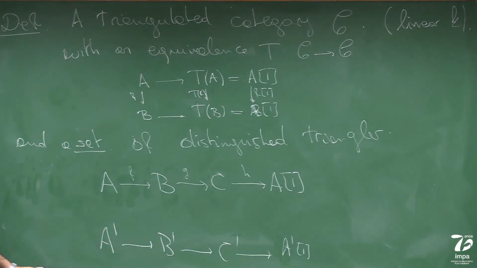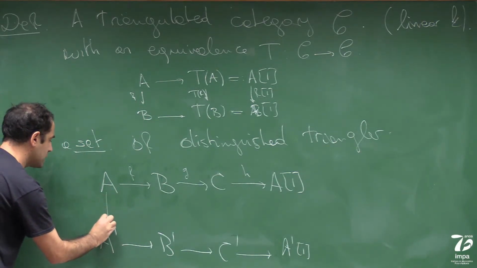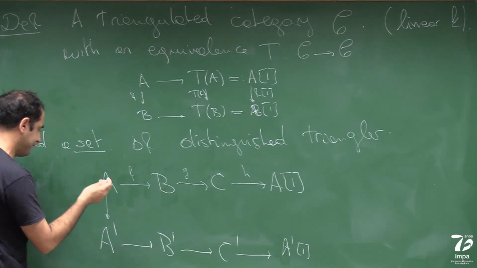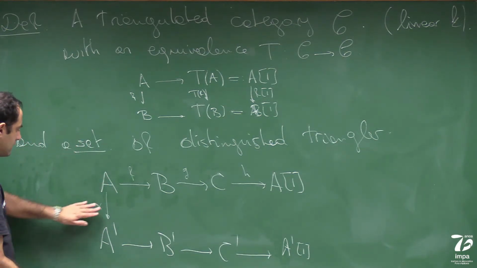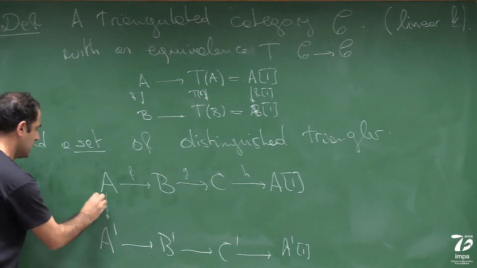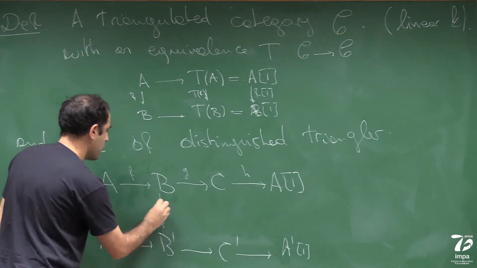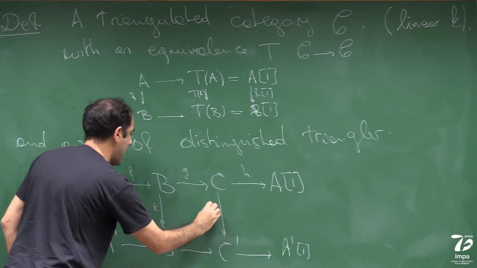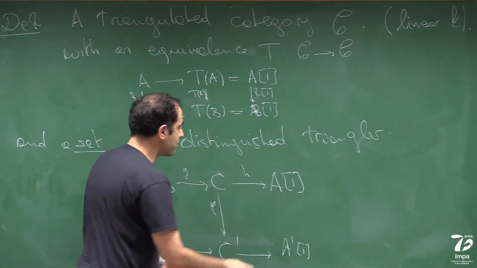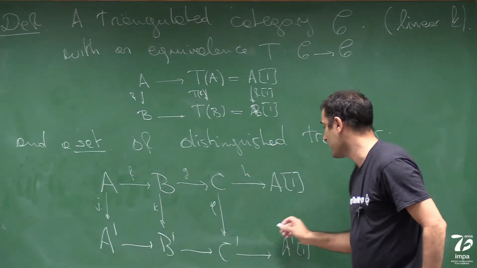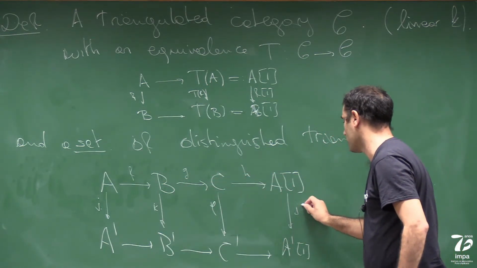A morphism of these triangles is a map J from A to A prime, a morphism K from B to B prime, a morphism L from C to C prime, and a morphism from A shifted by 1 to A prime shifted by 1, but this cannot be arbitrary because I've already chosen J. So this is going to be J shifted by 1.